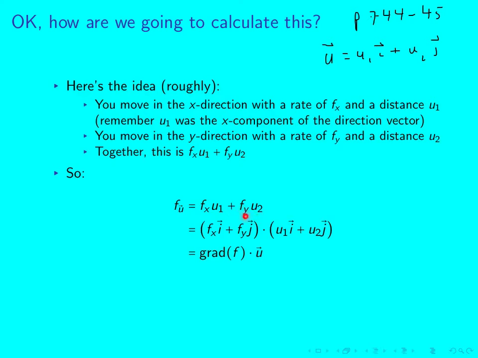And then on this next line we're going to do something a little clever. We're going to sort of undo the dot product of this scalar value. We can write this scalar value as the dot product of two vectors. One is just the direction vector u1 i plus u2 j. The other one is this new vector that I need. It's the partial derivative with respect to x, vector i, plus the partial derivative with respect to y, vector j.